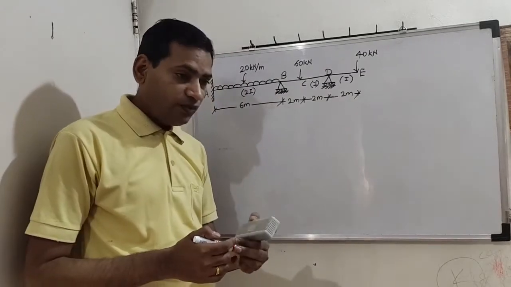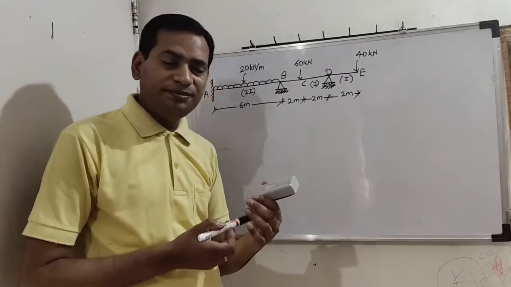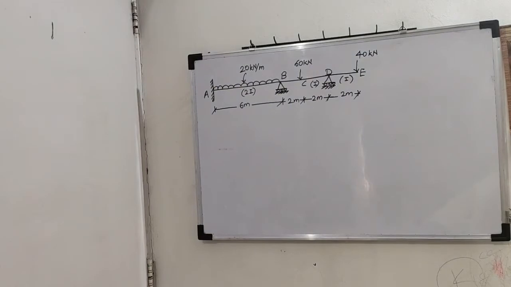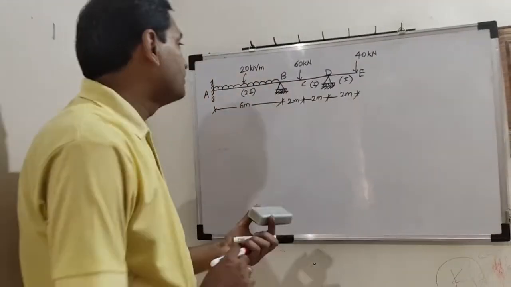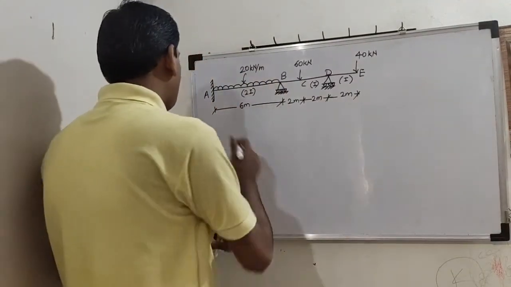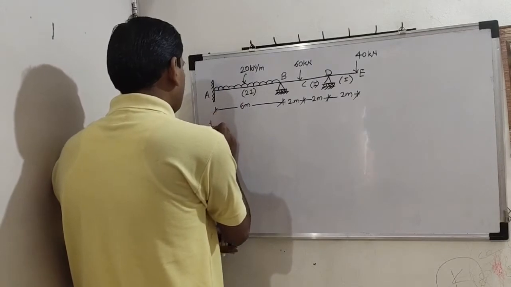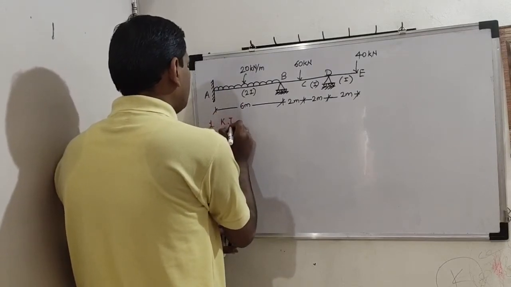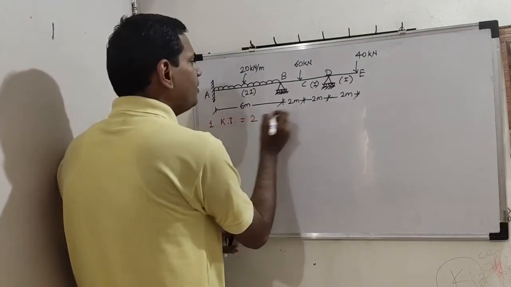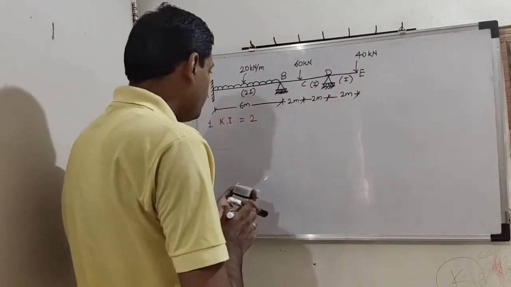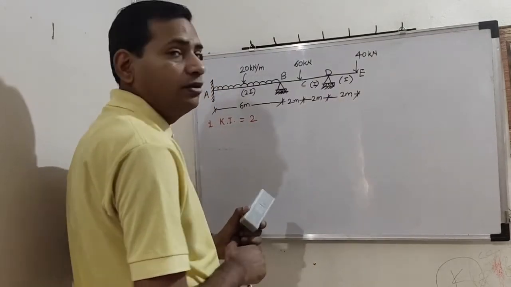So let us start with our usual procedure. Our first step is kinematic indeterminacy. So that kinematic indeterminacy is again 2. Which are those two unknown rotations?